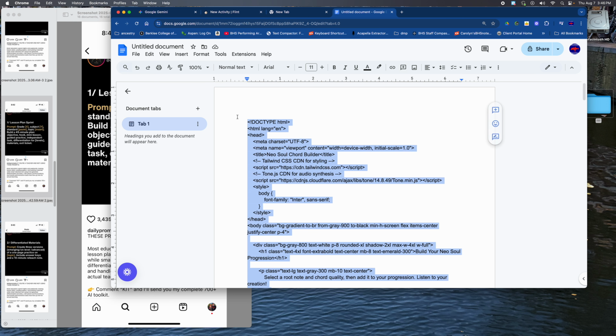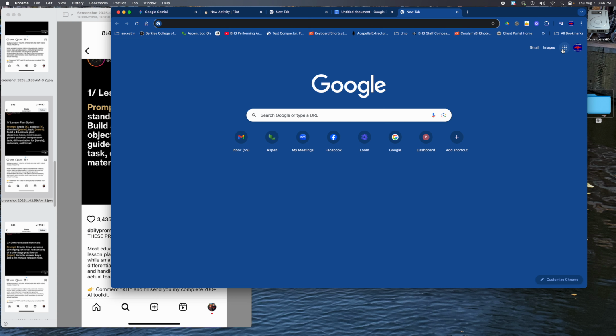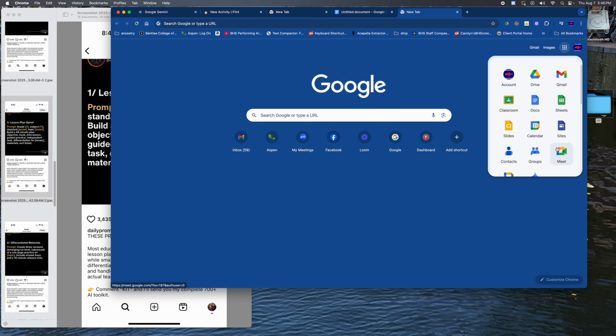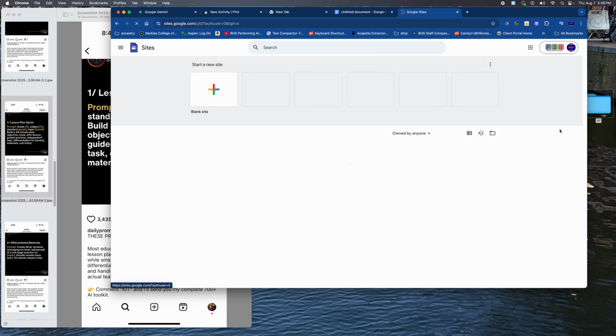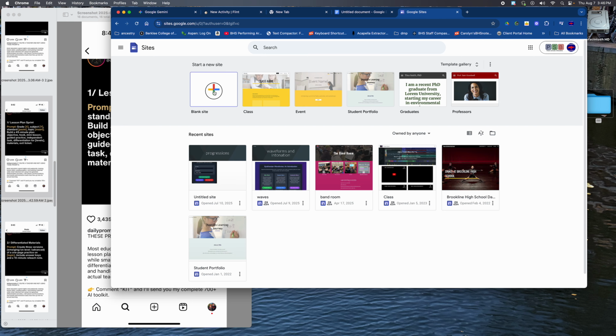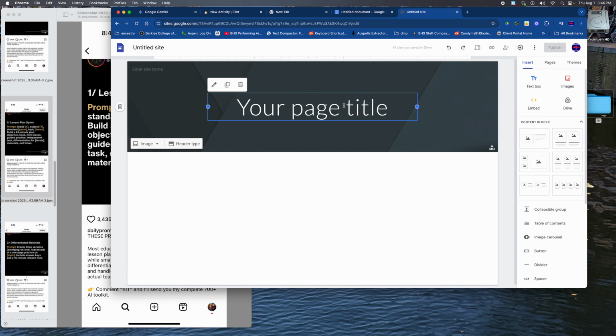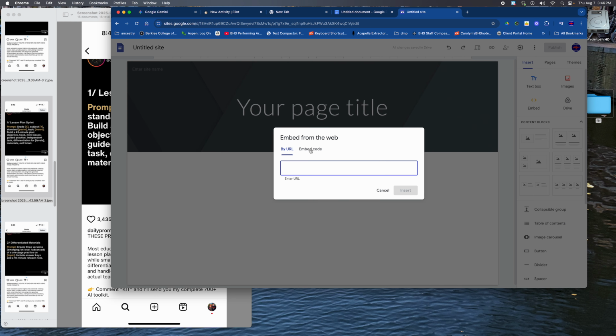But if I copy this and go to Google Sites. Where's Google Sites? Oh, here it is, okay. Then I just add a blank page and I put it in, embed code.